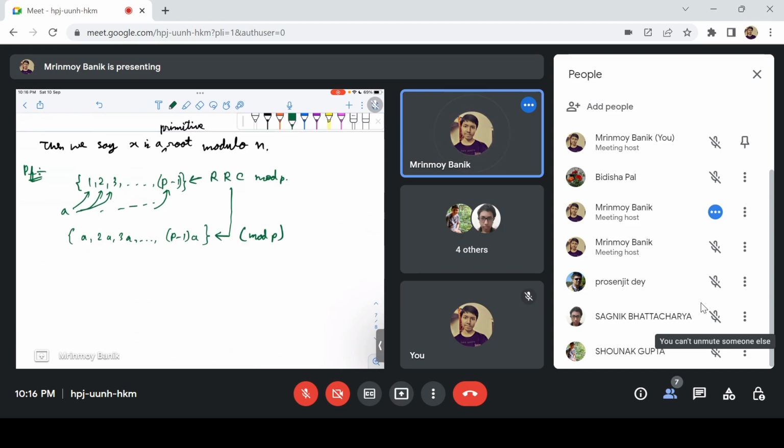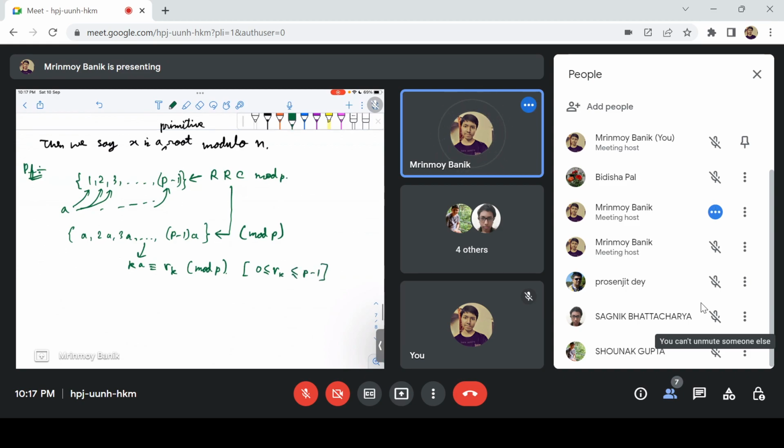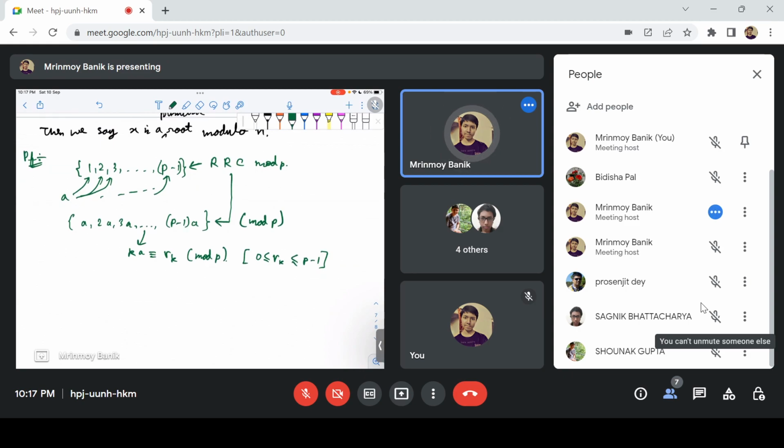So why is it true? Suppose any one of them, say ka. So ka gives some remainder Rk mod p. What's the inequality for Rk? Rk can be at least 0, and it can be at most p minus 1, like any remainder of p.